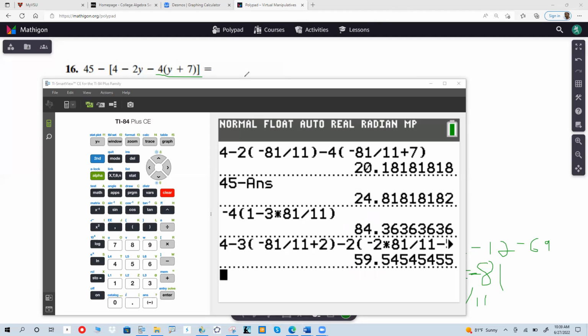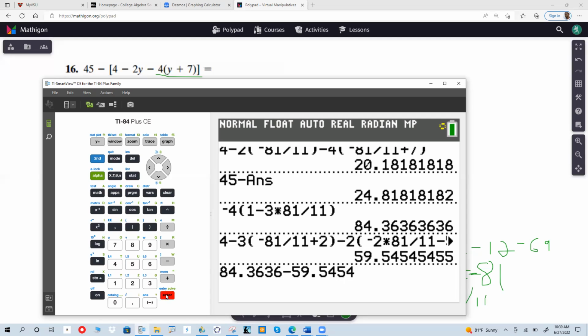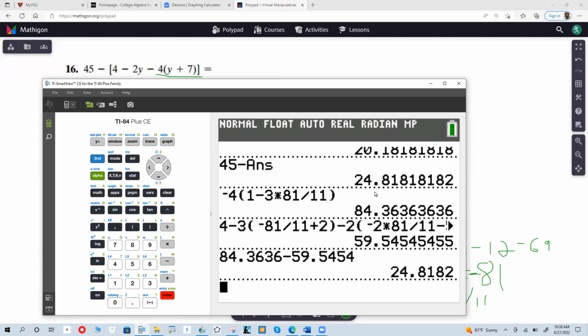So 84.3636 minus 59.54. Fingers crossed. Good enough. I'm getting very close to 84. It's not exact because, of course, I rounded, but I'm happy. I didn't mess up. I know that for sure.